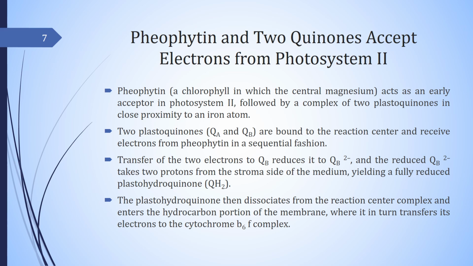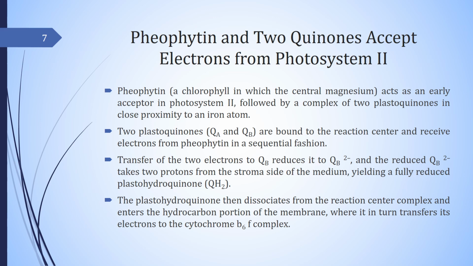Two plastoquinones are bound to the reaction center and receive electrons from pheophytin in a sequential fashion. Transfer of 2 electrons to QB reduces it to QB 2-, and the reduced QB 2- takes 2 protons from the stroma side of the medium, yielding a fully reduced plastohydroquinone, which is shown in the next figure.